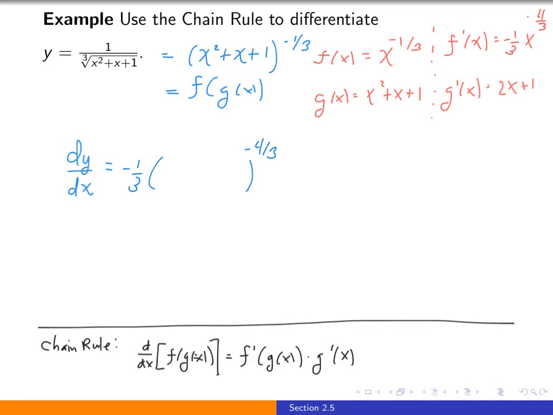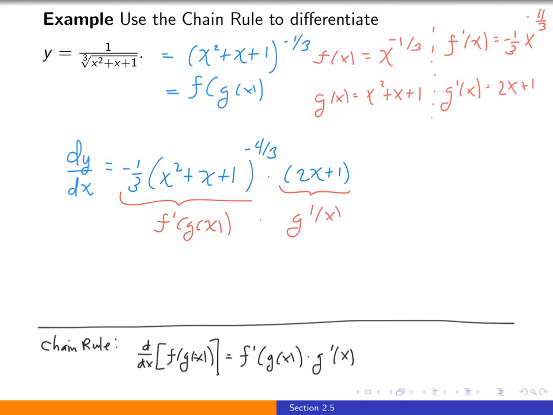Then we plug in the inside function, and we multiply by the derivative of the inside function. And once again, to connect directly back to this formula, we have f prime of g of x, the derivative of the outside evaluated at the inside, multiplied by the derivative of the inside.